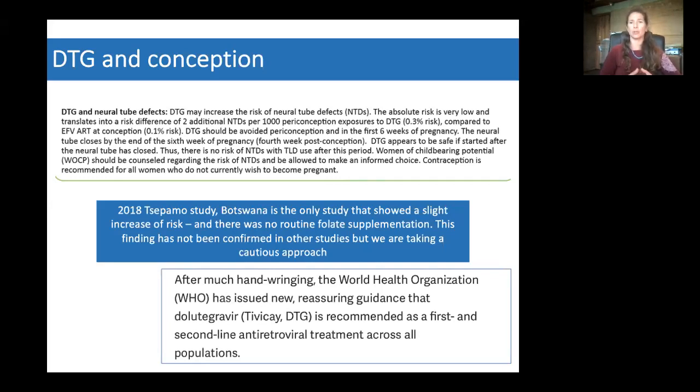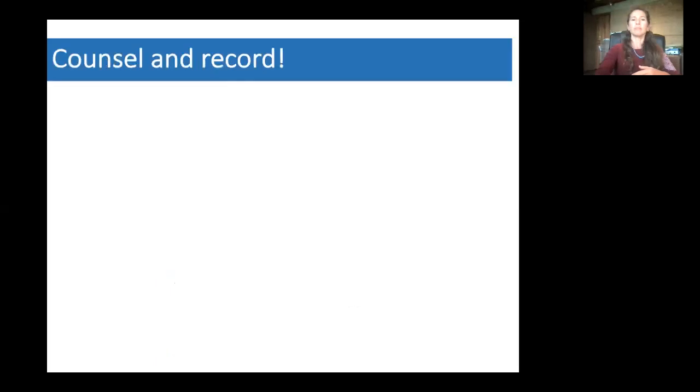So the WHO has made a blanket statement: it's fine, we can use it in women who want to conceive. Countries have still been nervous in terms of how to adopt this and how to counsel women on this. So both in South Africa and Britain, for example, we have this concept that what you're supposed to do is counsel women and give them the option.